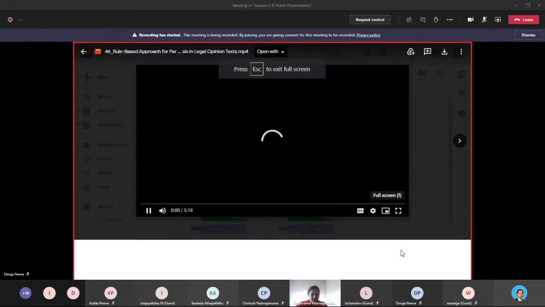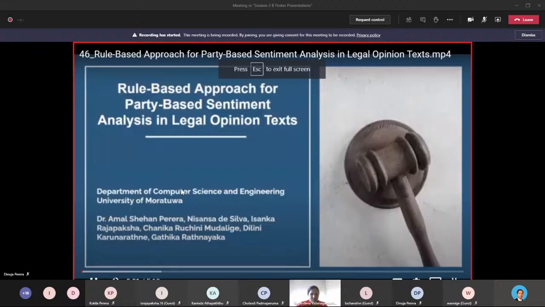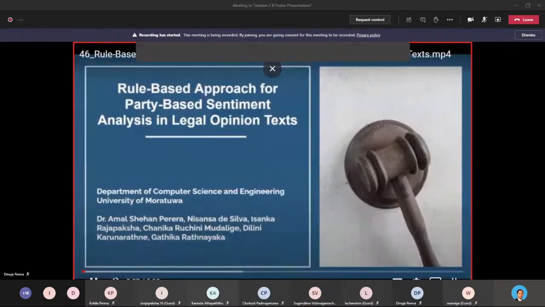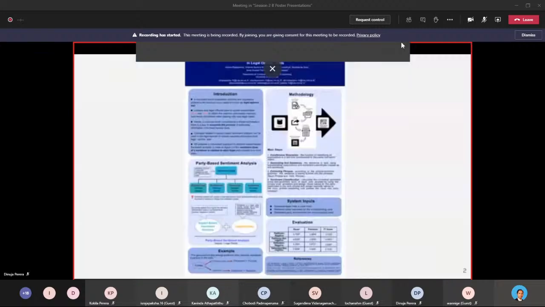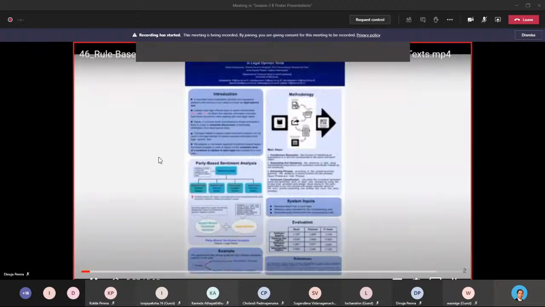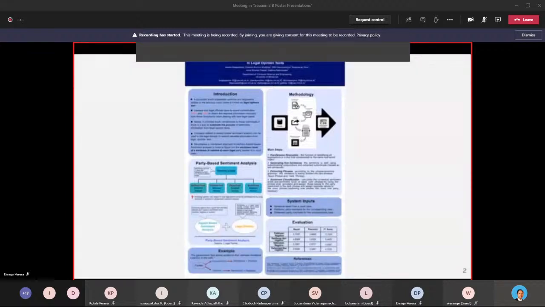Hello everyone, I'm Isanka Rajapaksha and our research is about rule-based approach for party-based sentiment analysis in legal opinion text. Let me give a brief explanation of our research problem.